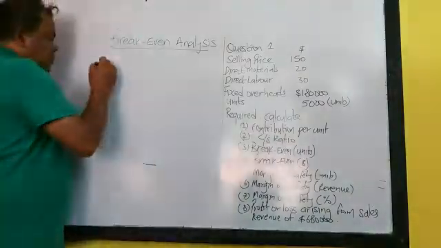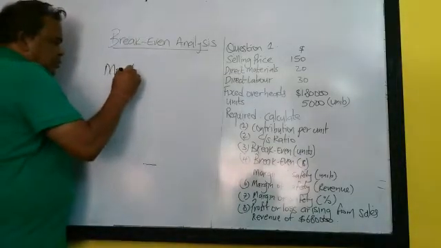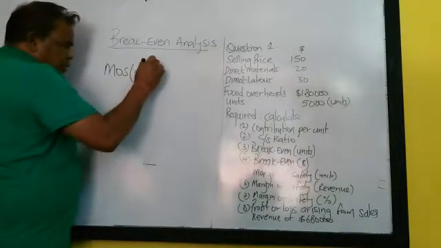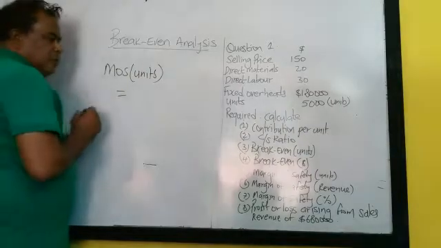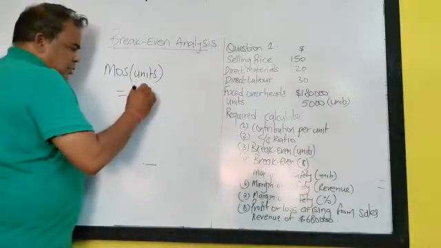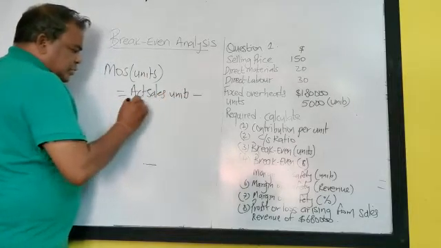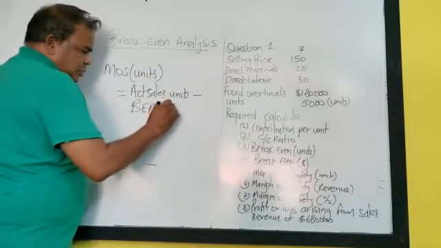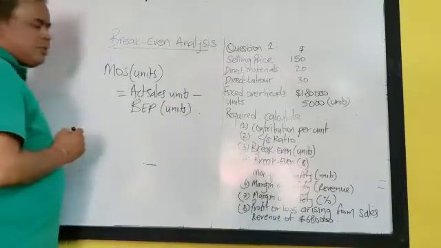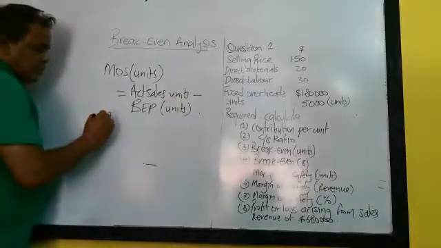Margin of safety in units, what is the formula? Actual sales units minus break-even units. This is the formula to calculate margin of safety in terms of units.